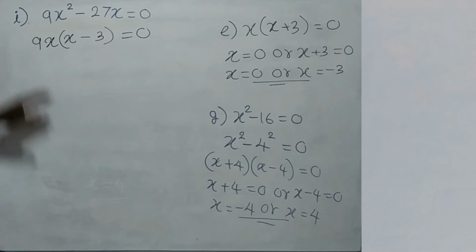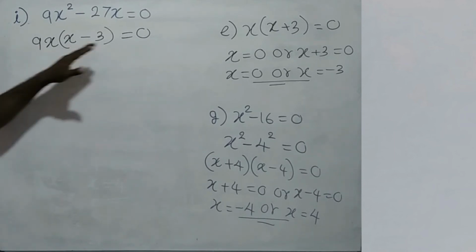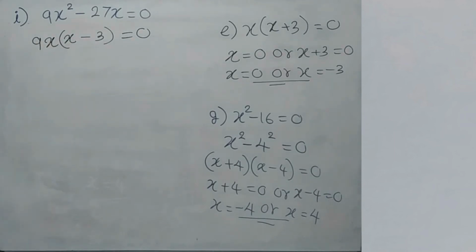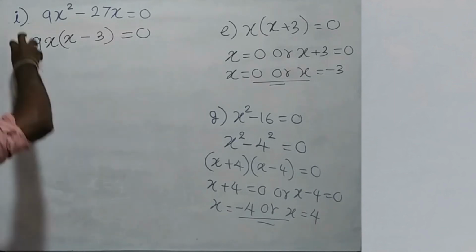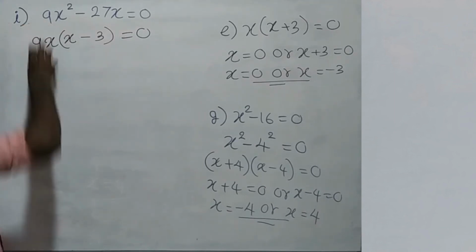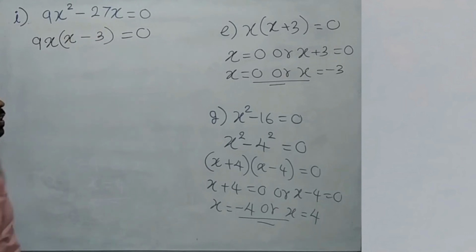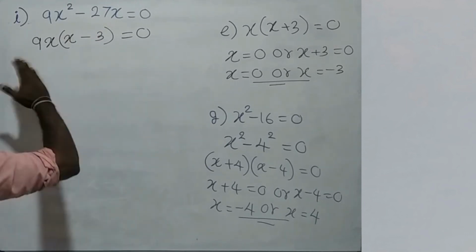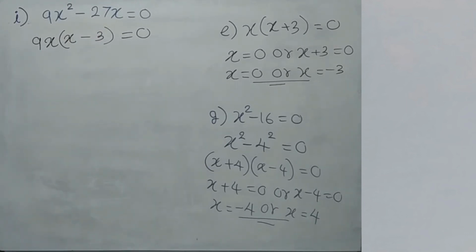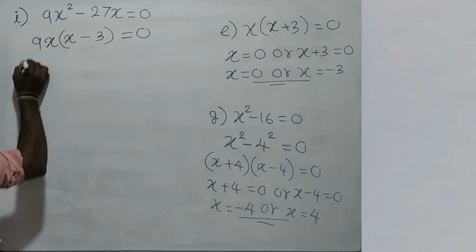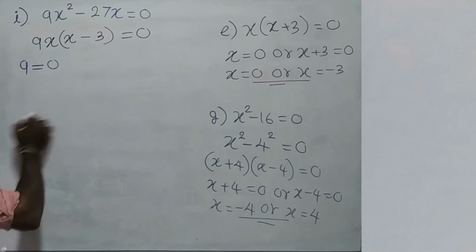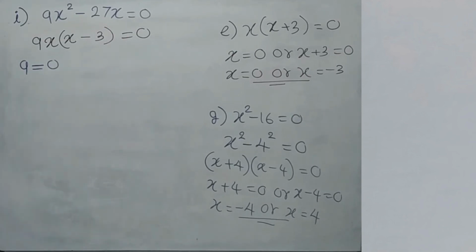Now, there are three terms as a product on the left hand side. 9 is the first term, x is the second term, x minus 3 is the third term. There are three terms. We can equal them separately to 0, but we know that 9 is not equal to 0. 9 equals 0 is wrong.